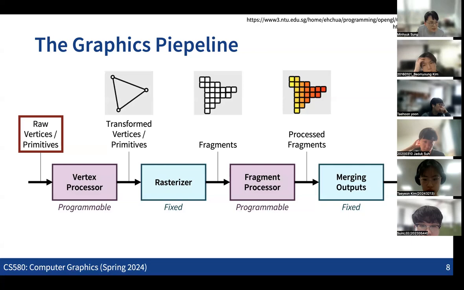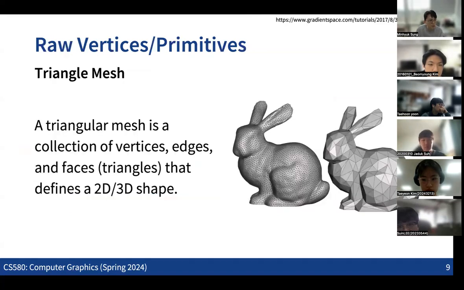So let's first see how we're going to represent the raw geometry. There can be multiple ways of representing 3D geometry. But the most conventional way to represent 3D geometry might be using a triangle mesh.